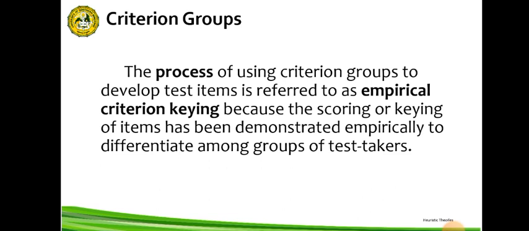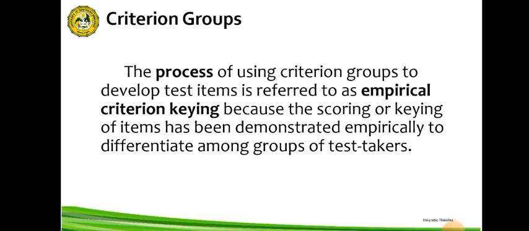To proceed, the process of using criterion groups to develop test items is referred to as empirical criterion keying, because the scoring or keying of items has been demonstrated empirically to differentiate among groups of test takers.